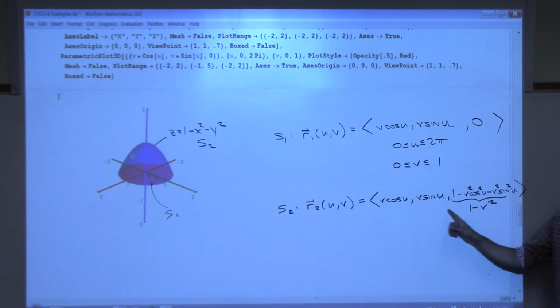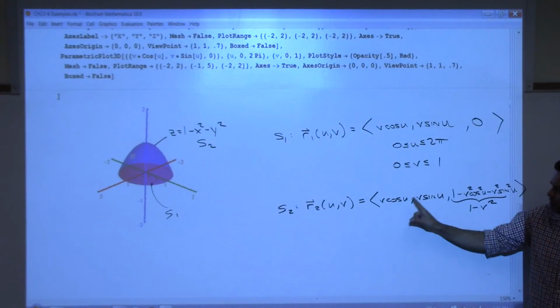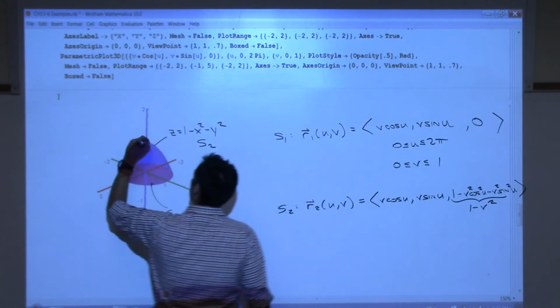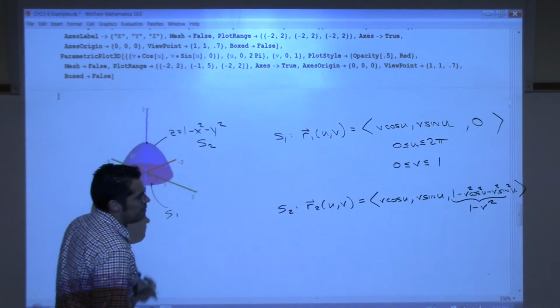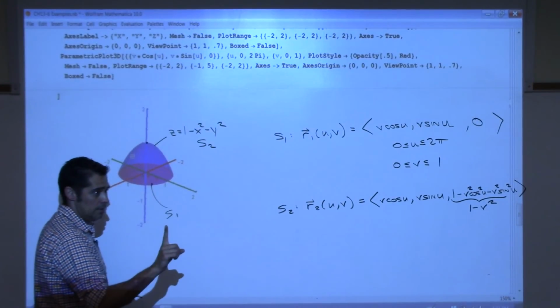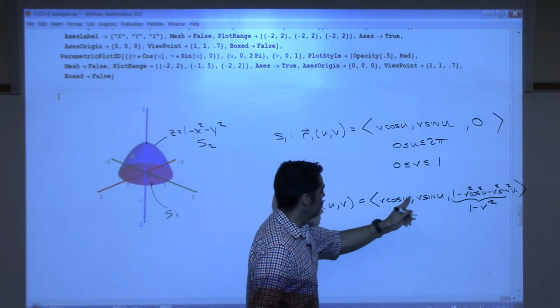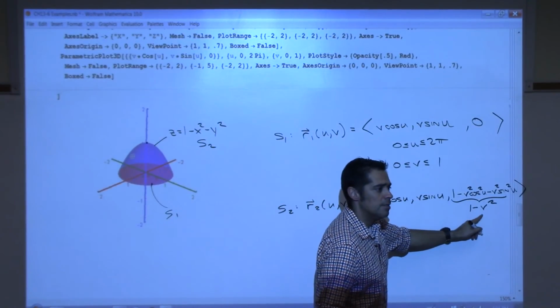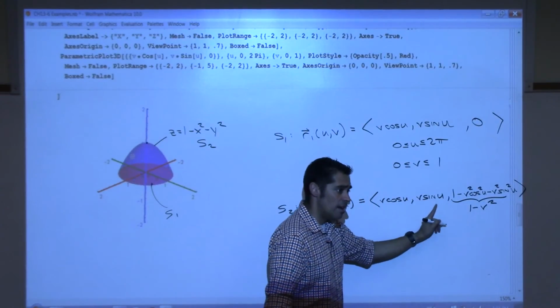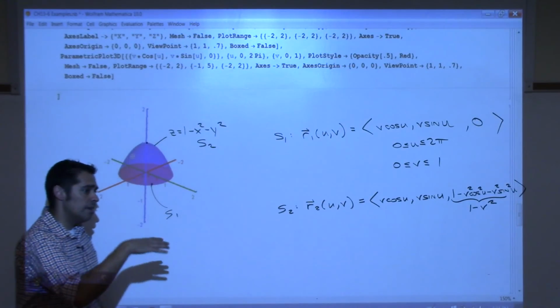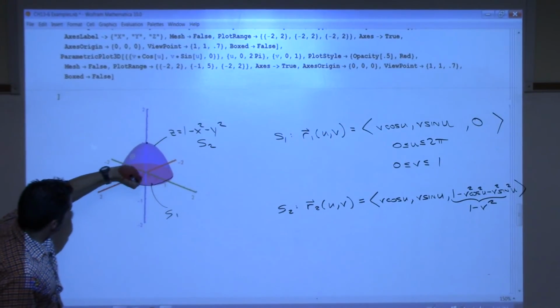See, this is the thing. Let's let v be 0. When v is 0, where are we? 0, 0, 1. We're up here, right? Let's let v be 1, which is a radius of 1. Then over here we'll be at 0, but this will be cosine u, sine u, 0, which is a unit circle with z coordinate 0, which draws me the bottom.